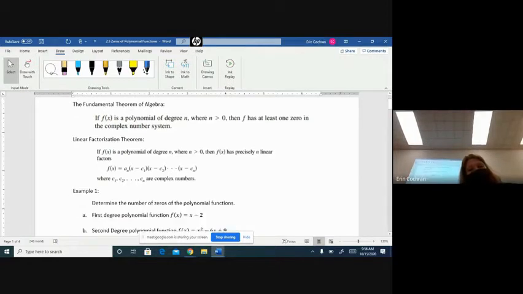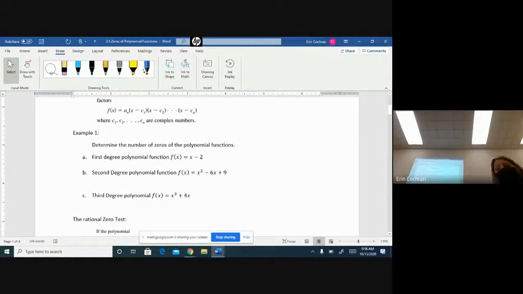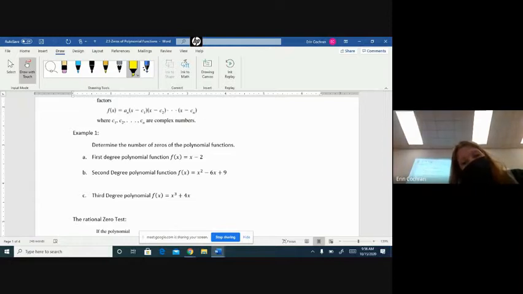All right. So example 1, determine the number of zeros of the polynomial function. Let's think of this for a second. f of x equals x minus 2. That's a linear function, right? If I set y equal to 0, remember your zeros are where the graph crosses the x-axis.